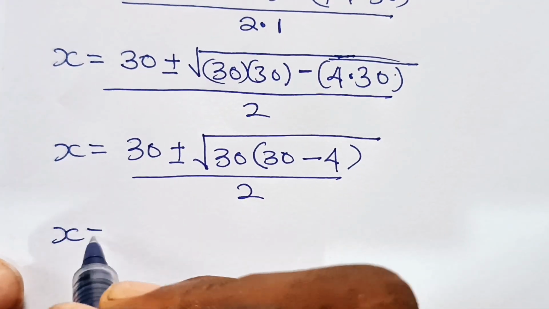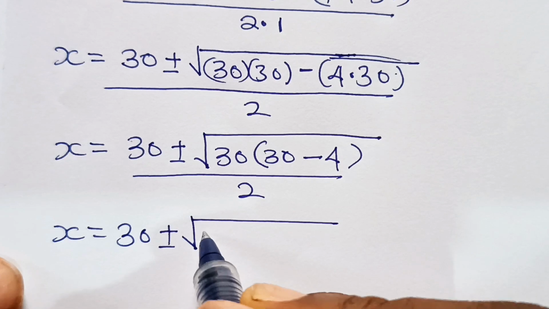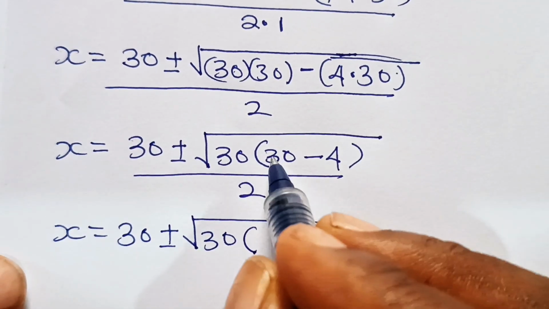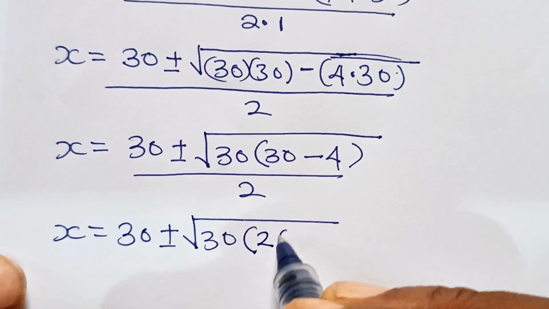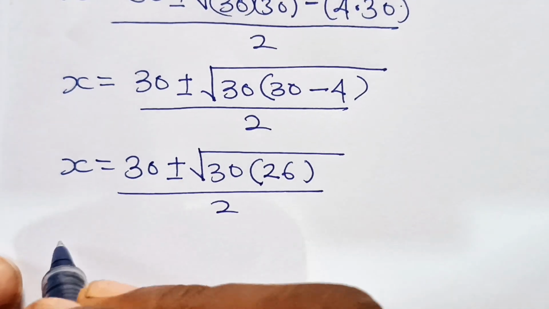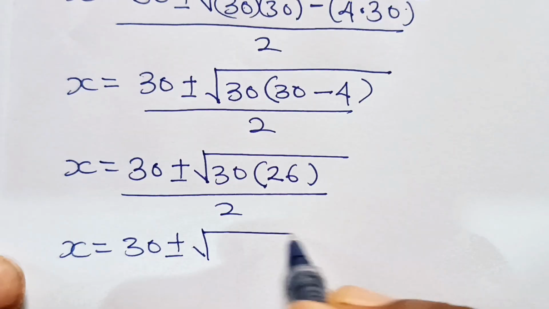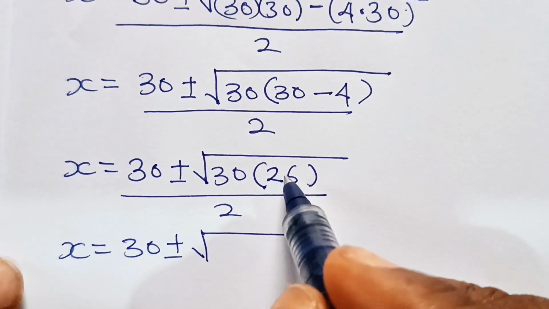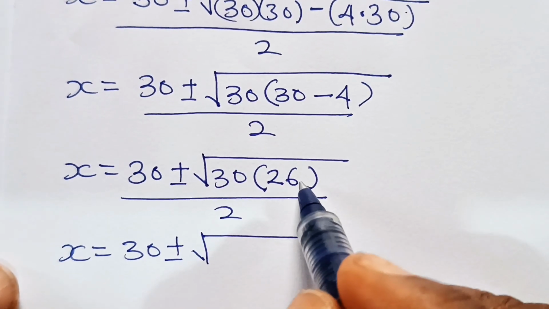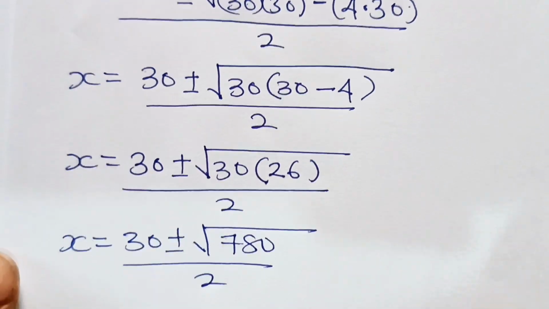So we have x is equal to 30 plus or minus the square root of 30 multiplied by 30 minus 4, which is 26, divided by 2. So we have x is equal to 30 plus or minus the square root of 30 times 26, which is the same thing as 260 times 3, which will give us 780, divided by 2.